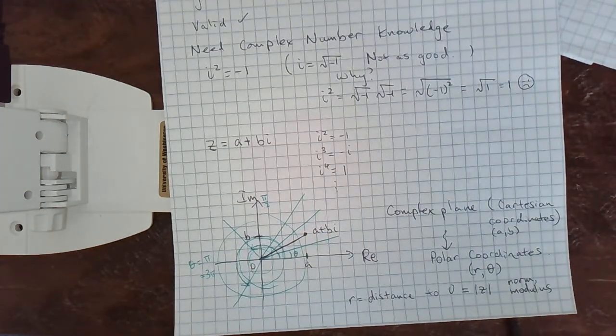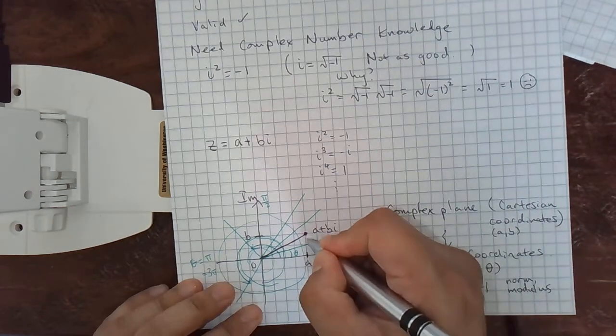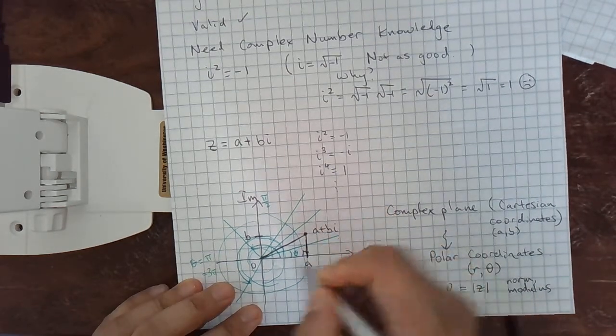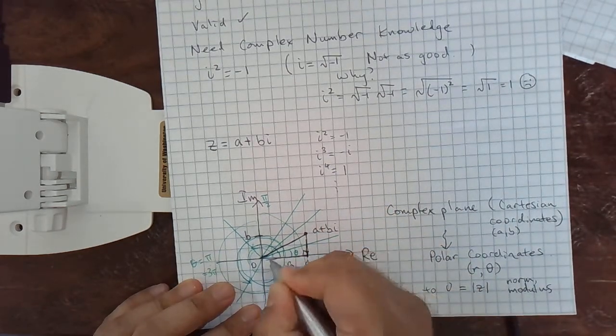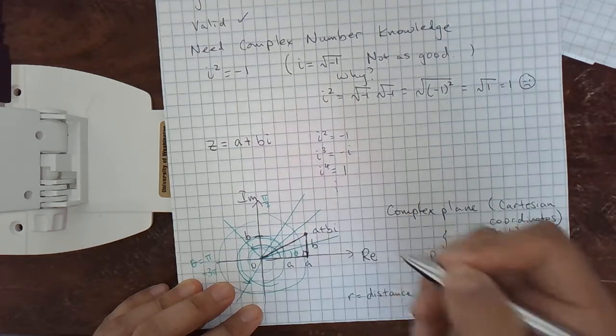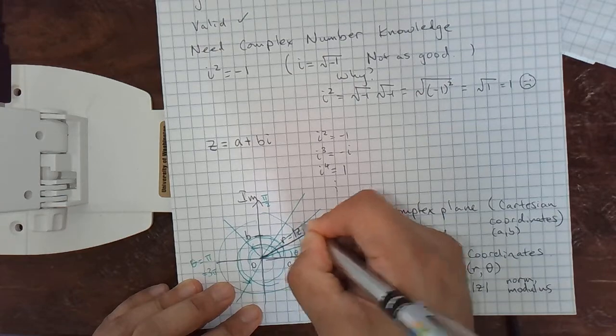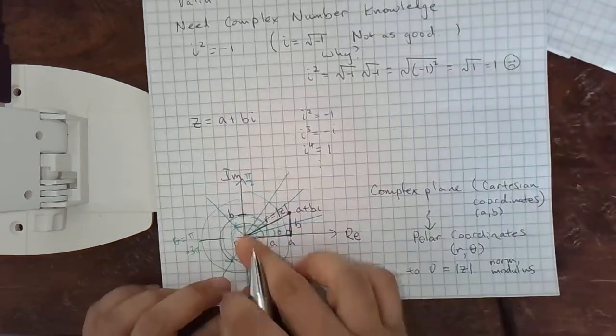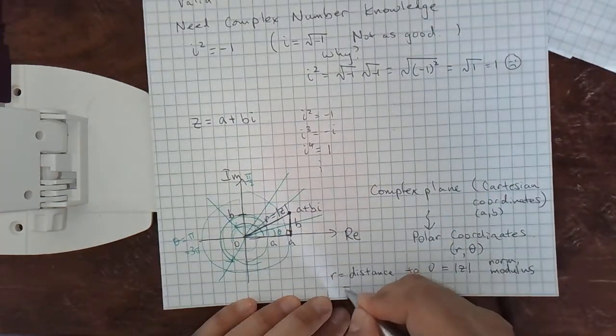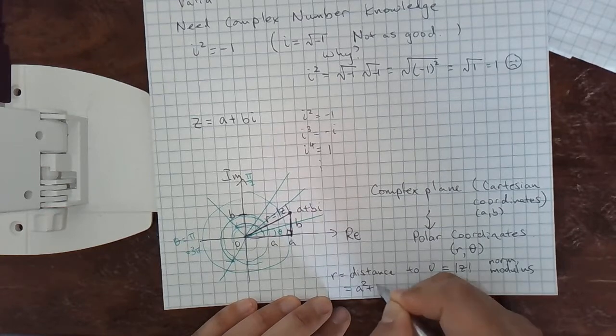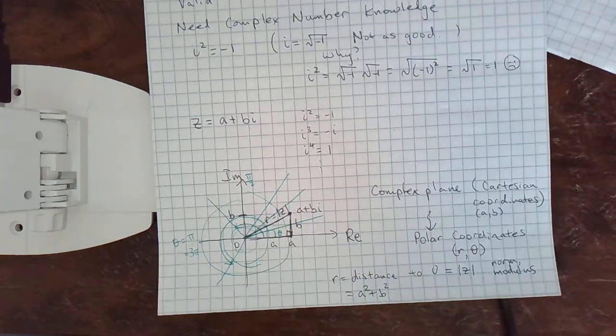Okay, and then we've got some triangle stuff going on, right? We got a right angle triangle here. The legs are length A and length B, and the hypotenuse is length R, or absolute value of z. So we can actually calculate that. That's going to be a squared plus b squared.